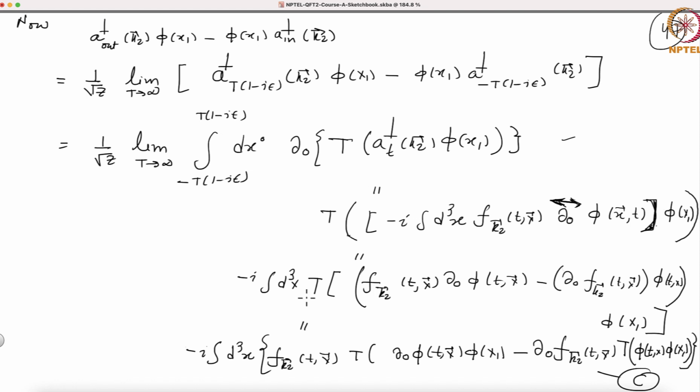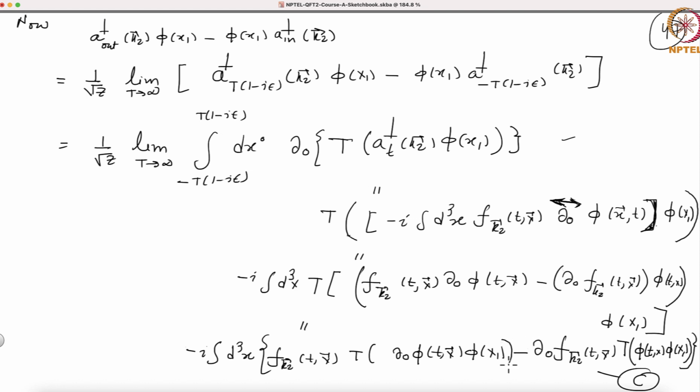Now this is equal to, let's check, minus i d cube x time ordered product of f k2 del naught phi minus this, okay, that is fine, and then you have minus i d cube x f k2 t del naught phi times phi x1.